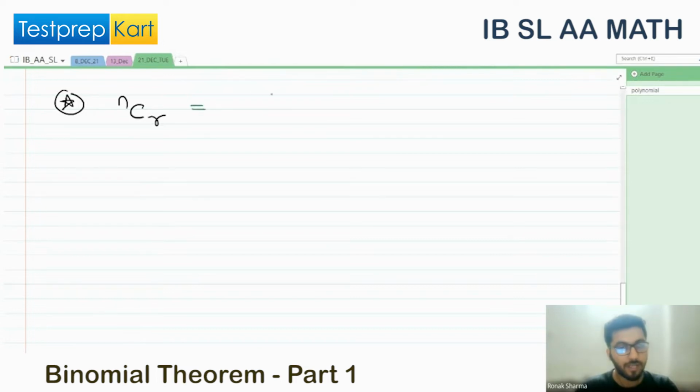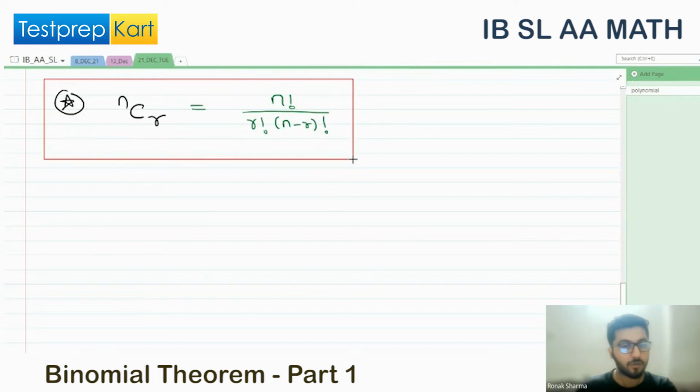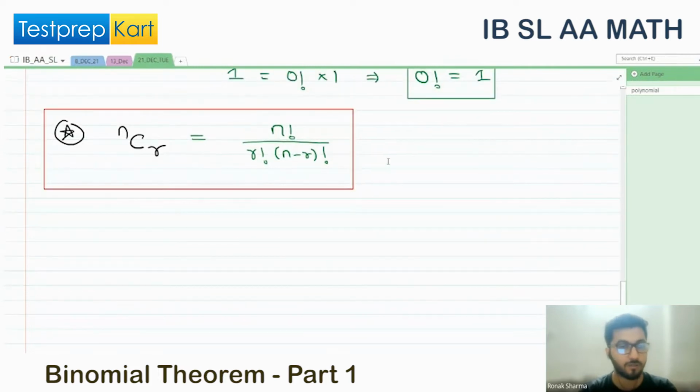It is given by n factorial divided by r factorial into n minus r factorial. This is its formula. You have to learn it by heart. Then only you'll be able to get the topic of binomial theorem. So we cannot move on until and unless you are good with this formula. Okay, sir, nCr is what? n factorial by r factorial into n minus r factorial.